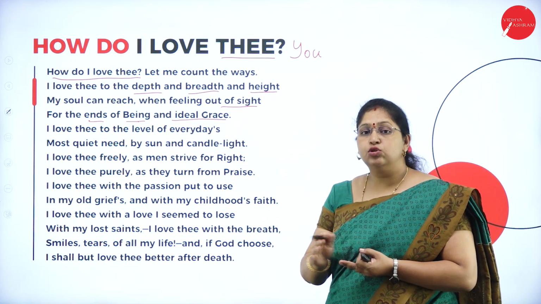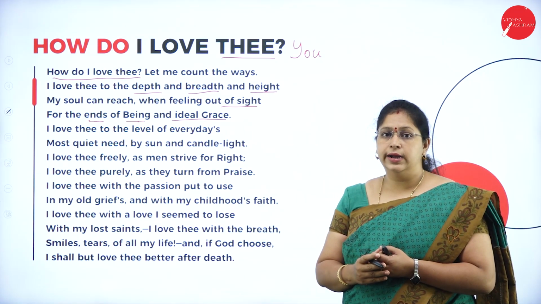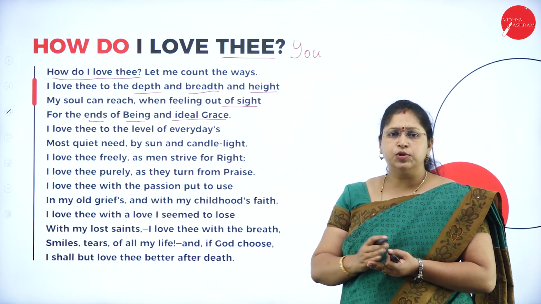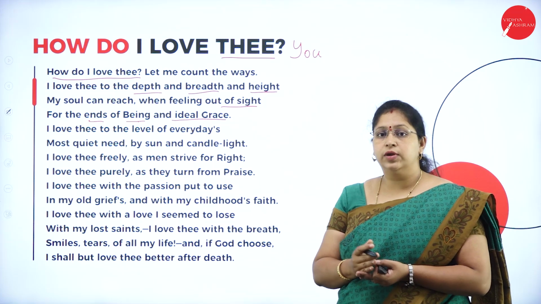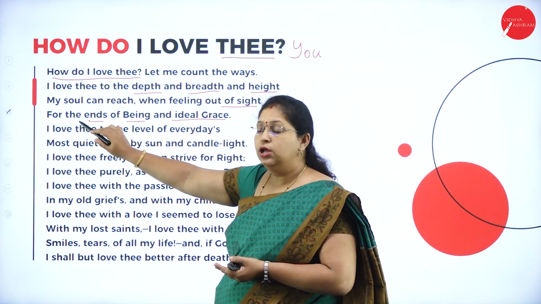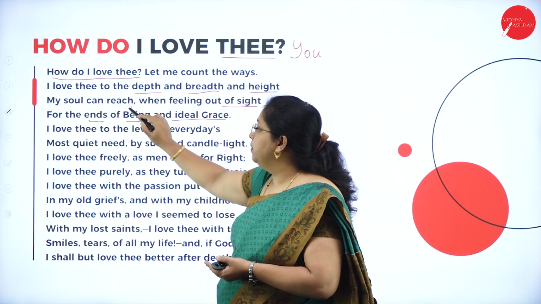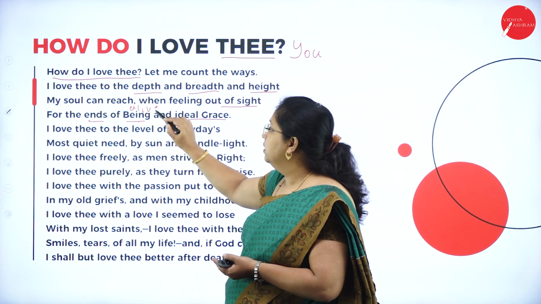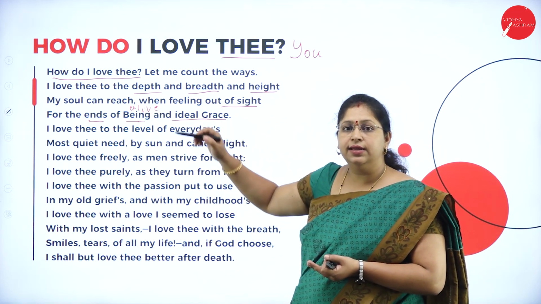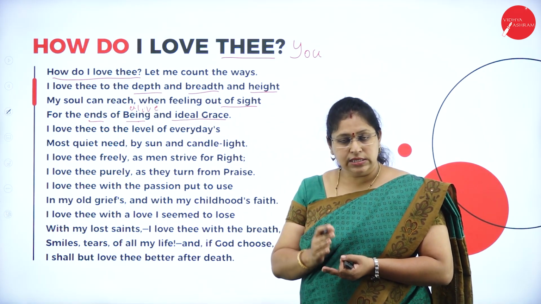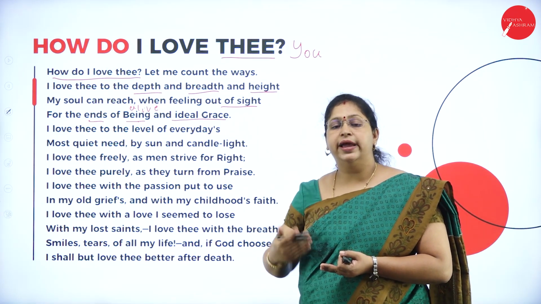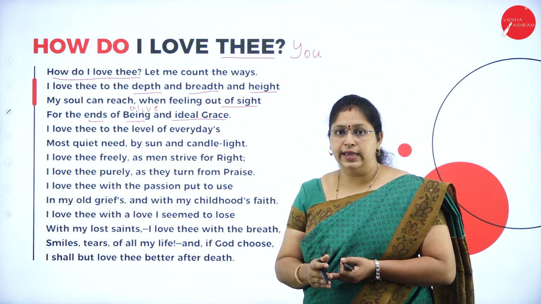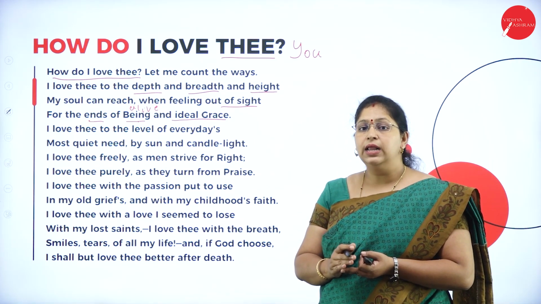But there is no end to loving her husband. So her soul keeps on loving her husband for more time. Here she mentions for the ends of being; being means alive. And the ideal grace can be for some time, some years, correct? Beyond that, the love for her husband will extend.